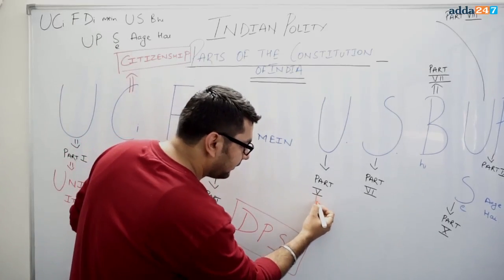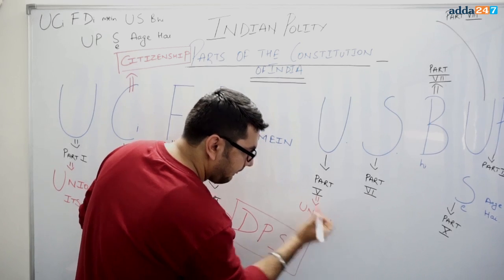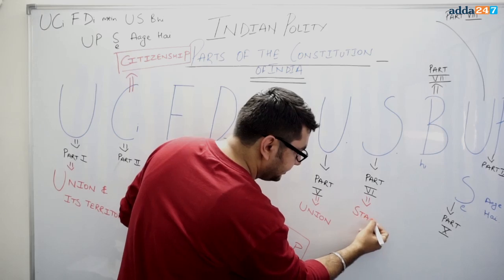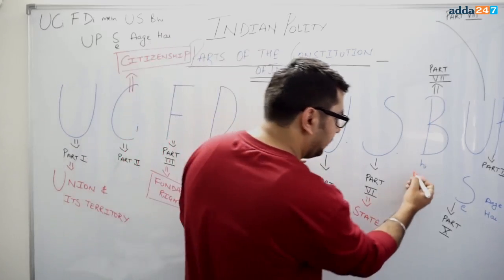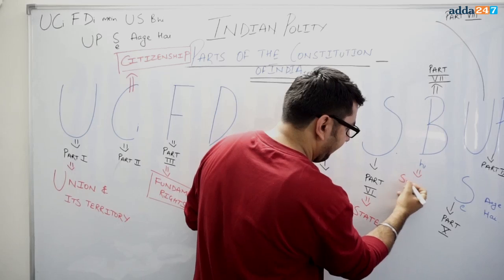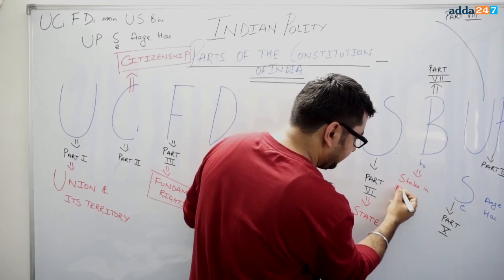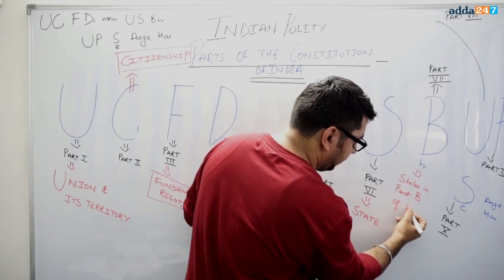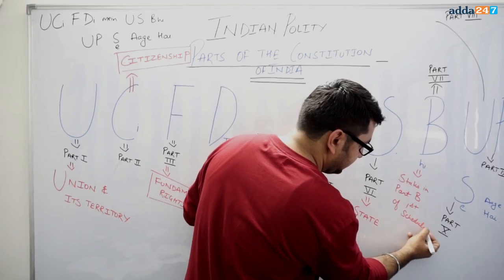U stands for union. S stands for state. B stands for states in Part B of the first schedule.